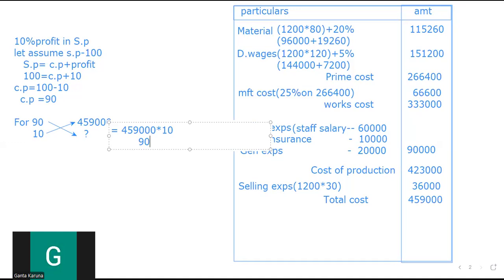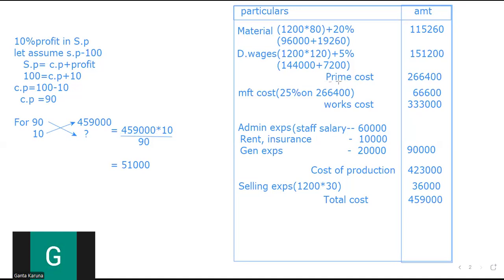So therefore, you're going to get the answer is equal to 51,000. Okay. So let me draw the line so that it will be easy for you. So yeah, it is into and divided. So this is how we got this one.